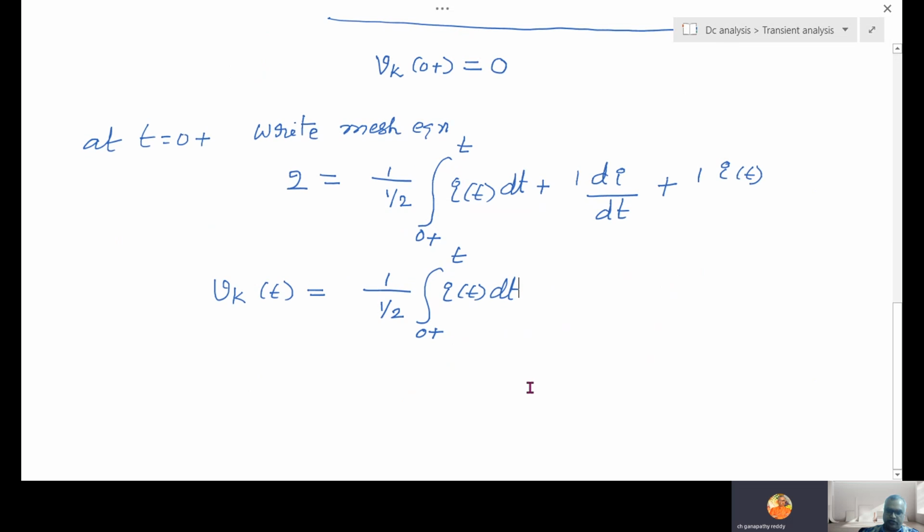Now we are looking for dVk, so differentiate. dVk by dt is nothing but 2 I of t. But what is asked? Vk prime 0 plus, that is nothing but 2 into I(0+).